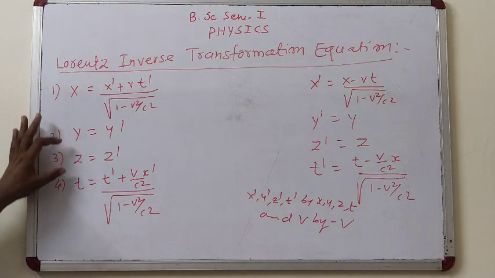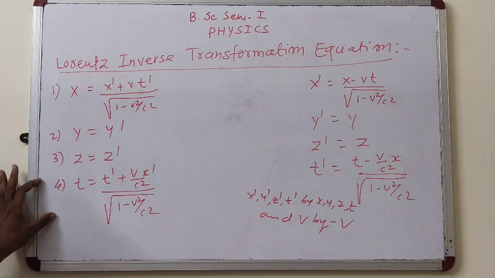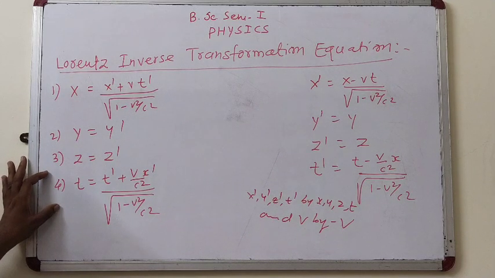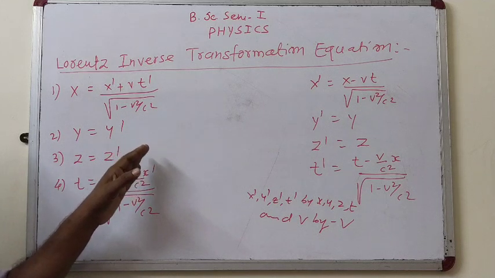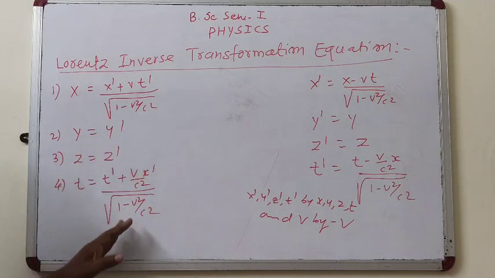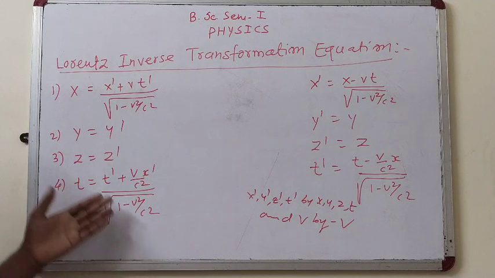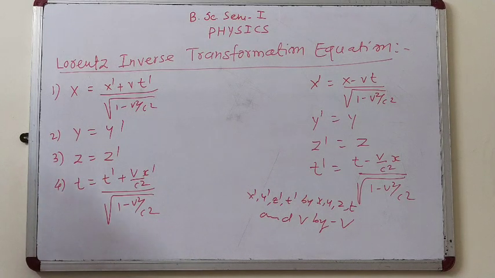Here the space and time coordinates of point P related to frame S are in terms of the coordinates of point P with respect to frame S'. Therefore this is called the Lorentz inverse transformation equations, and these equations are obtained only by replacing x', y', z', t' by x, y, z, t and plus v by minus v.